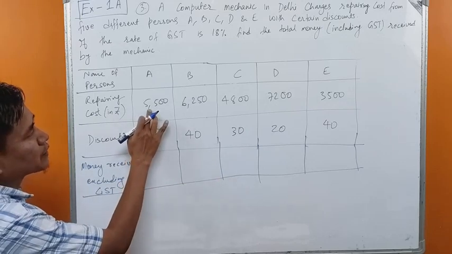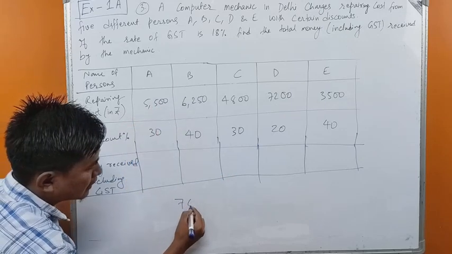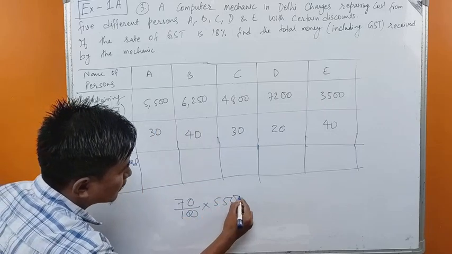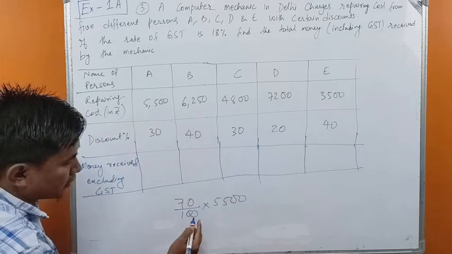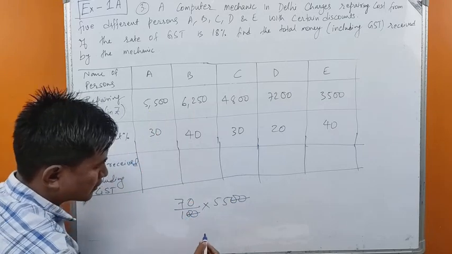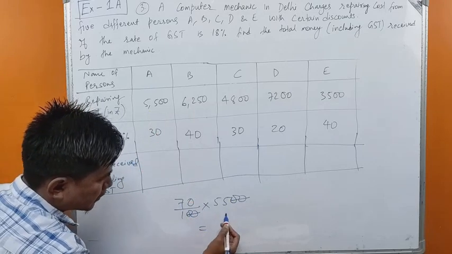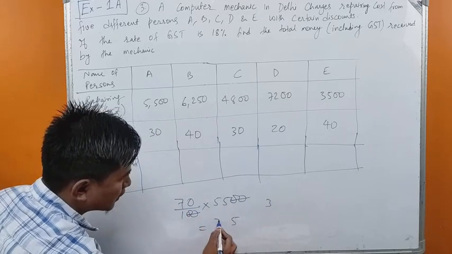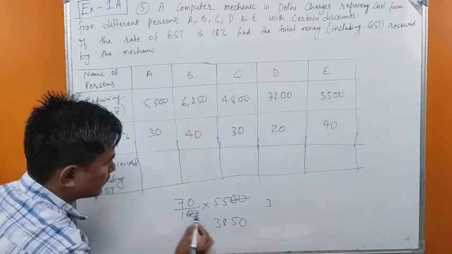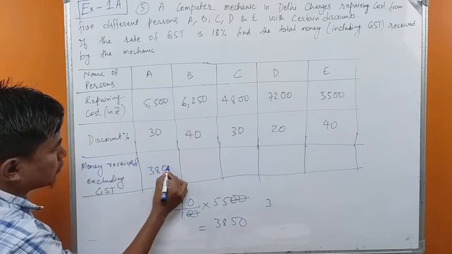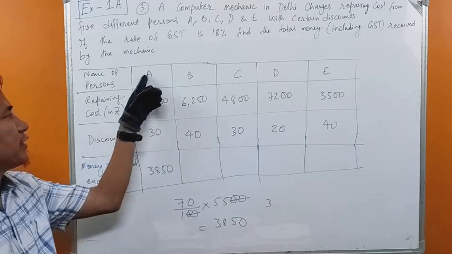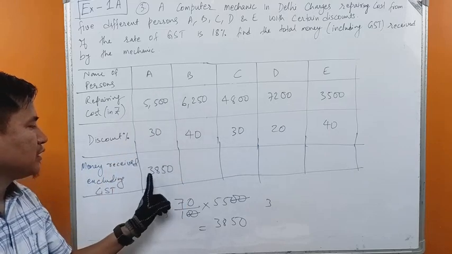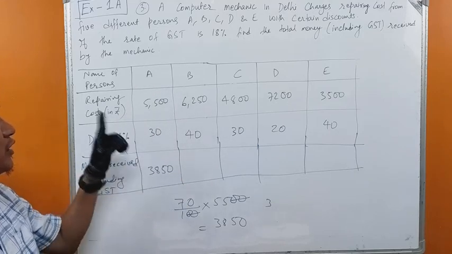So 70% of 5,500 means 70 over 100 times 5,500. These two zeros cancel out. 7 5s are 35, 5, 3 in hand. 7 5s are 35 plus 3 is 38. This 0 we write here. 3,850. Now A will pay only rupees 3,850 to the computer mechanic.